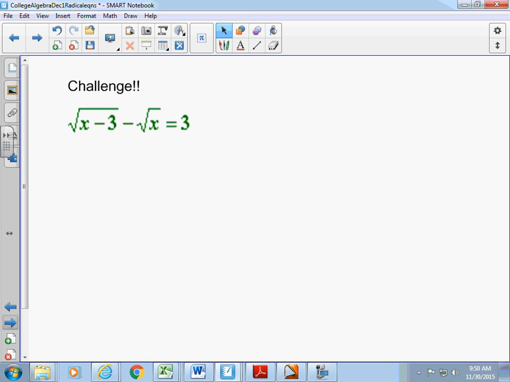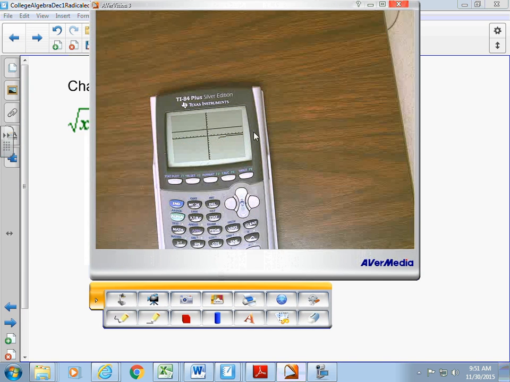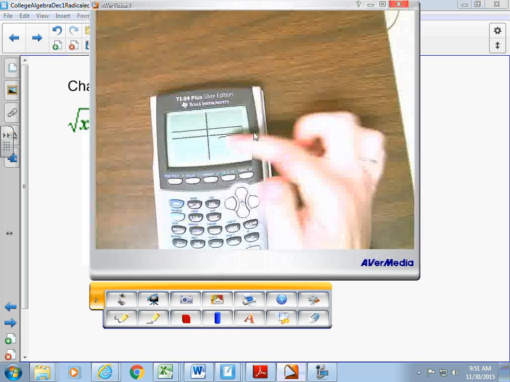So in Y1, I'm going to put the square root of x minus 3 minus the square root of x. Y2, I'm going to put 3. If you look at the graph, they definitely don't intersect anytime soon.